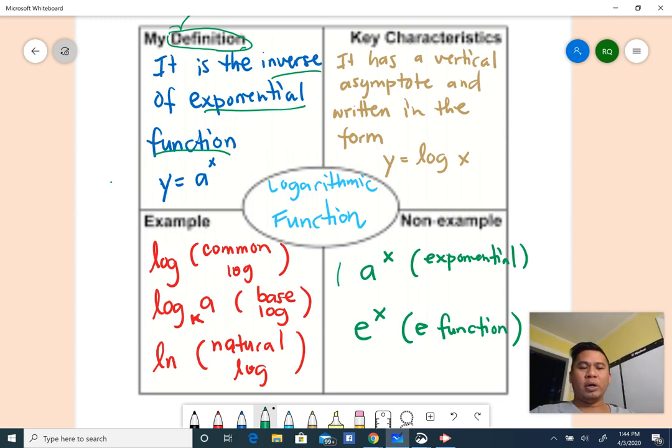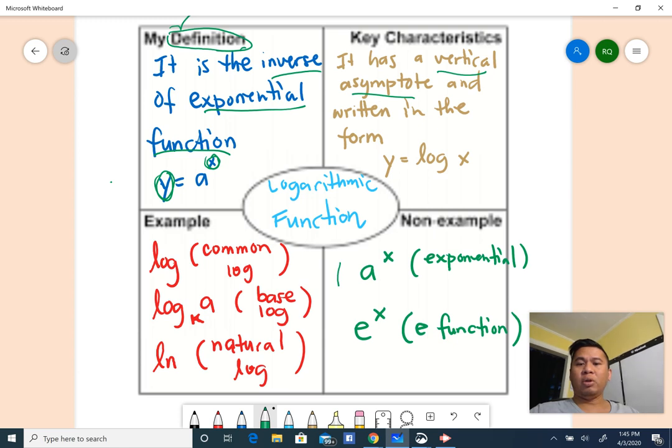So if you see the independent variable and the dependent variable and switch them, then that'll be our logarithmic function. One of the key characteristics of a logarithmic function is its vertical asymptote. That's a vertical line where the function tends to get close to, but it will not reach that particular line.